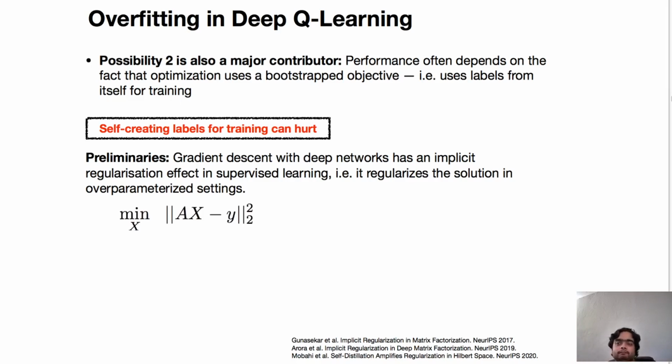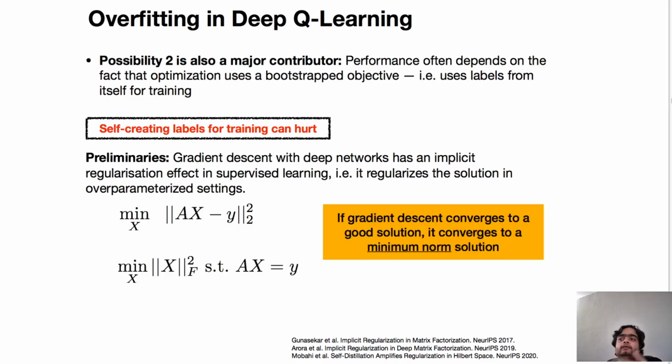Let's say you want to find an x, which is your parameter, such that a times x is equal to y, or the L2 norm squared of ax minus y is minimized. If you do gradient descent on this using a proper initialization, you can show, and this is shown in some of the papers that I've cited on this slide, that the solution gradient descent will find is a solution which satisfies ax equals y, which means it gets zero training error.